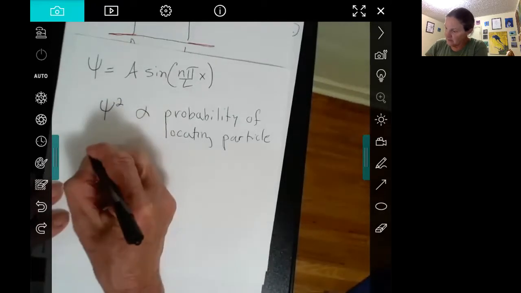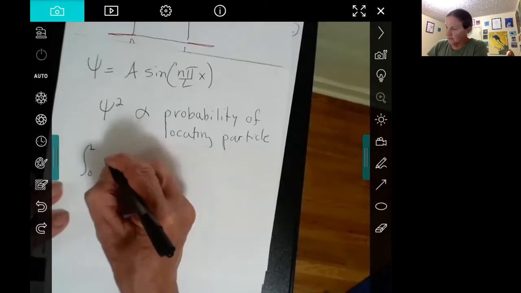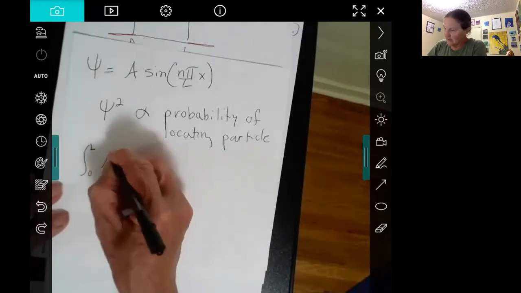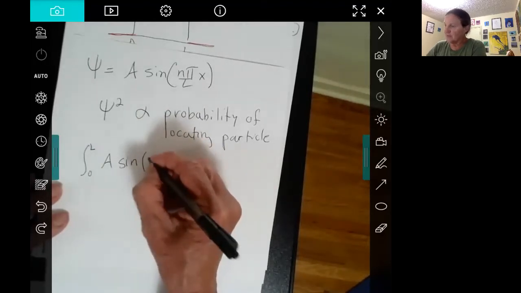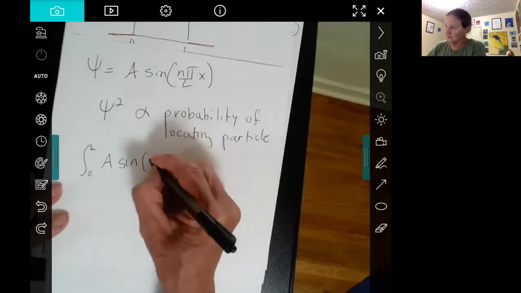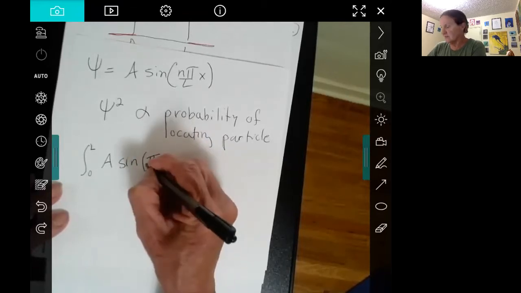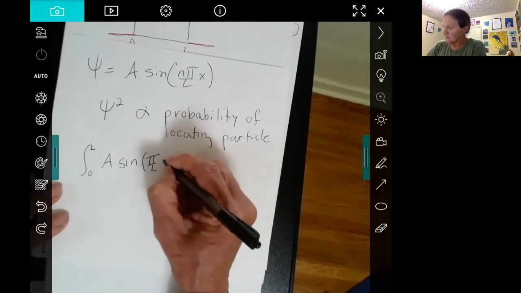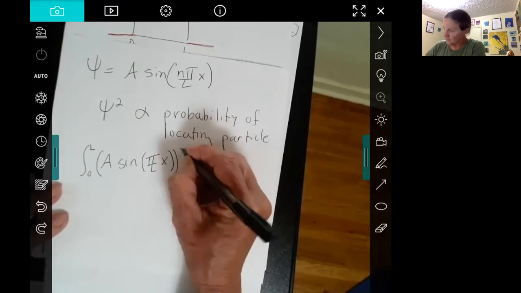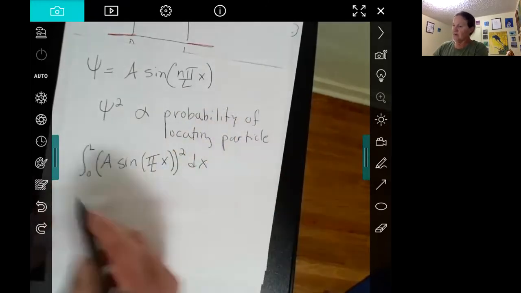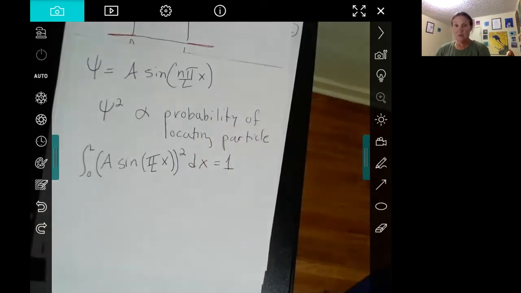So that means particles can only be between 0 and L, but it means if we take a sine of, I'm going to do it for the n equals 1 value, but you will see, actually, well, let's do it this way. We can generalize it in a minute. So if I square that function and integrate over all the possibilities, it has to equal 1.